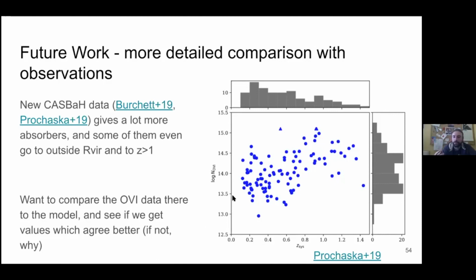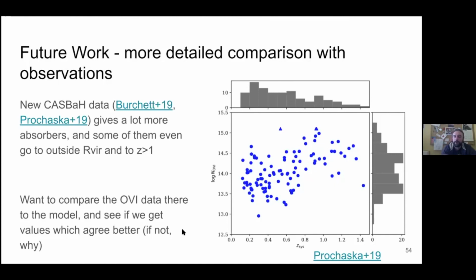We want to use this model and say, if we have a model of these inflowing streams with these thin interfaces and an outflowing bulk on the outside, can we vary the parameters to give us the kinds of results we get in all the ions we see, including oxygen 6, neon 8, and low ions that they might have in the survey. So that's a very exciting and important thing that we're doing next, but we haven't done it yet, and the survey is not fully released yet.